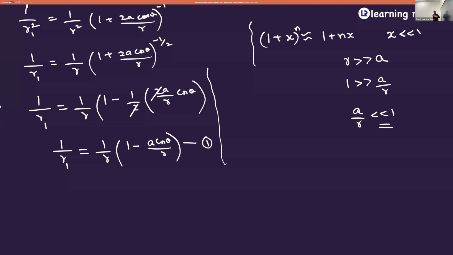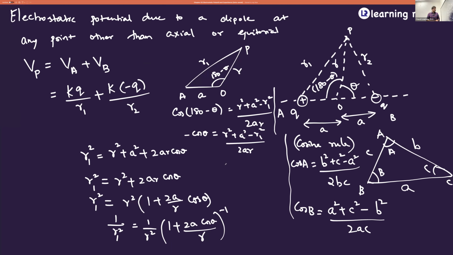Remember we came to that value by starting with cos of 180 minus theta. That is, I took this triangle. Because of cos of 180 minus theta, here you had a minus, so the final answer also has a minus. If I start with this value, it will be cos theta, which is a positive value.